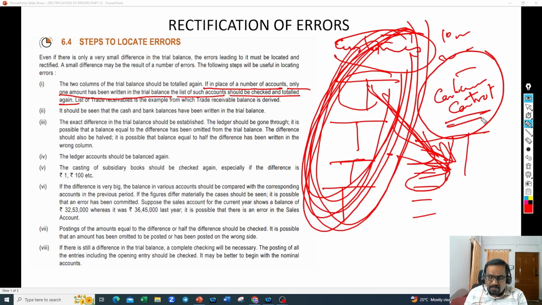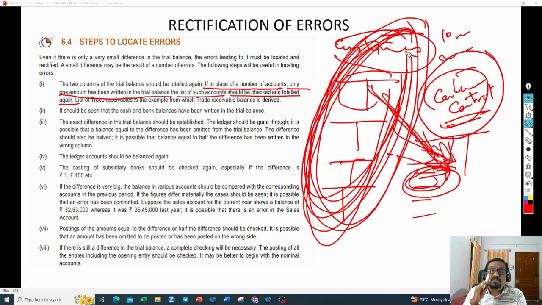This customer control account we use in the corporate sector, but for students' purposes, what I suggest is we call this the trade receivable account. So only one account will be there. How come this one trade receivable account is enough? This one account will have the balances of all these 40,000 or 50,000 or 1 lakh customer accounts.